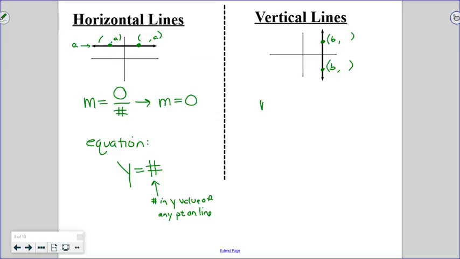So as I'm doing my slope equation, I would get some number, but b minus b would give me a 0 in the bottom of that fraction. And a 0 in the bottom of the fraction we cannot have, which is why you see that this is called undefined. So a number over 0 is undefined. Also can be known as no slope.